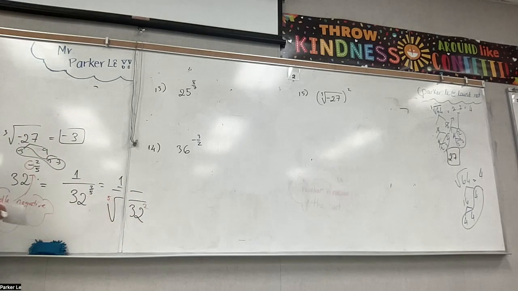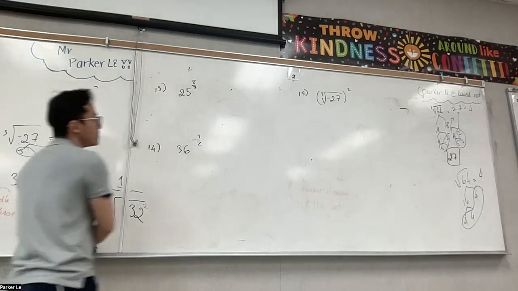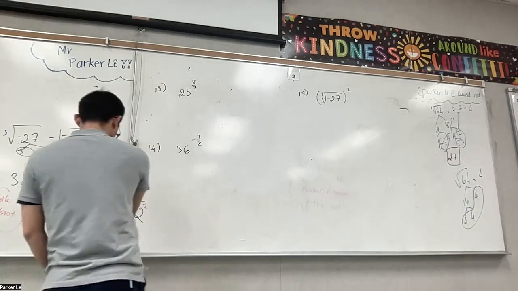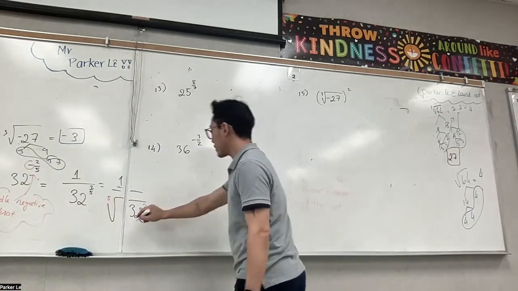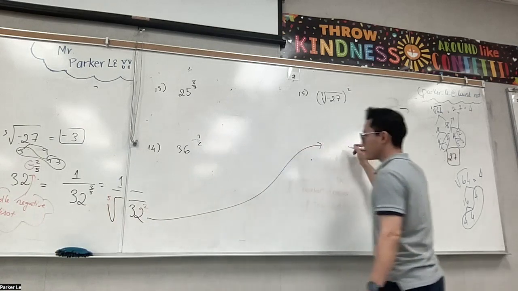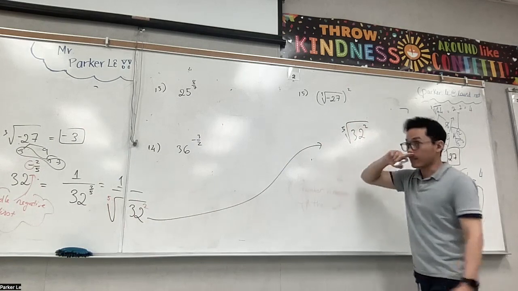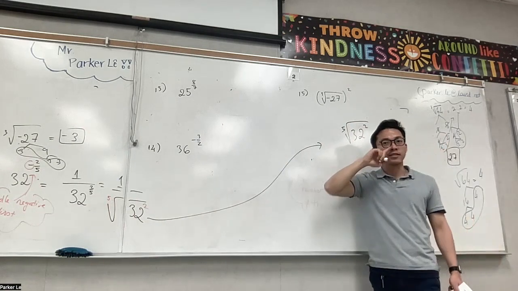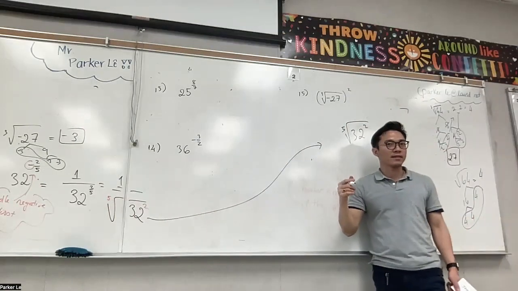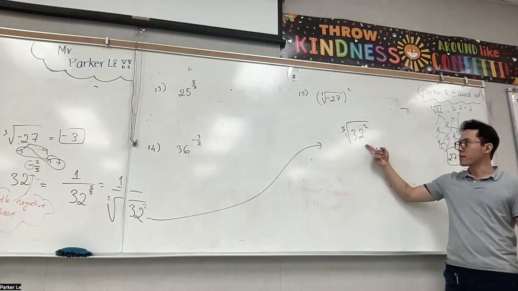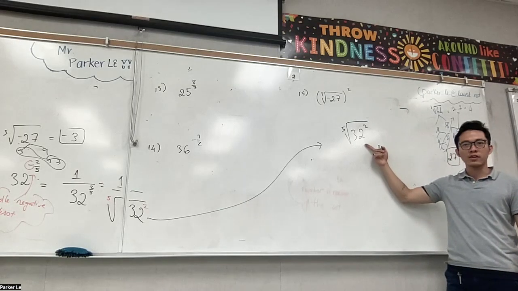Now work on this. You cannot stop right here. And remember, the question is without a calculator. You're going to tell me, oh, Mr., it's 32 squared, how can I do it without a calculator?